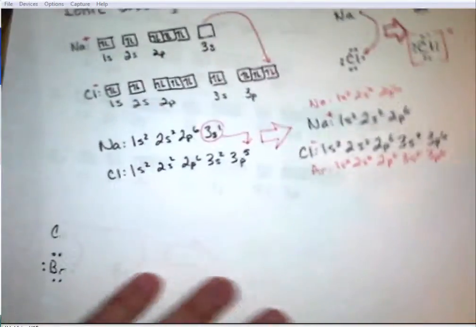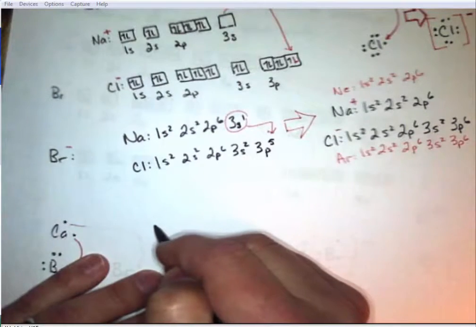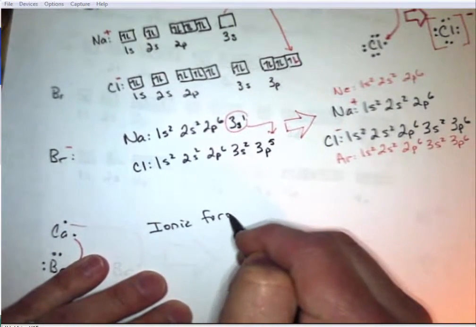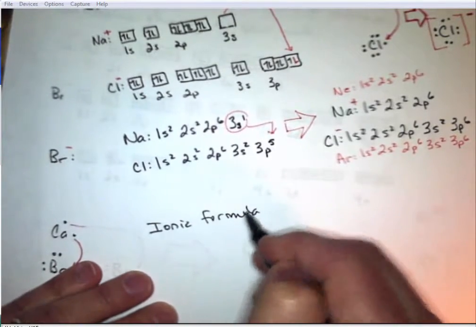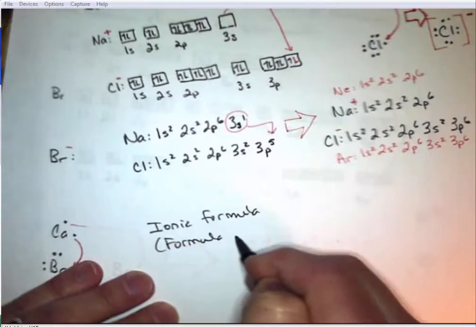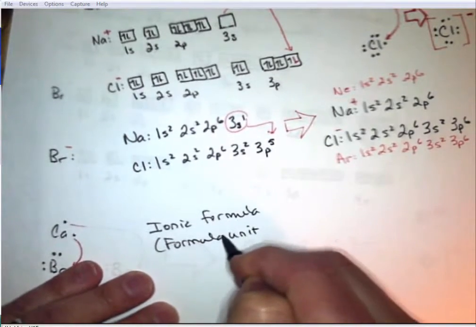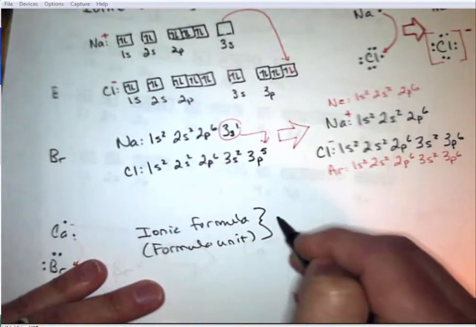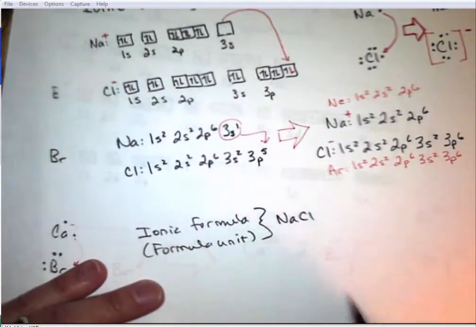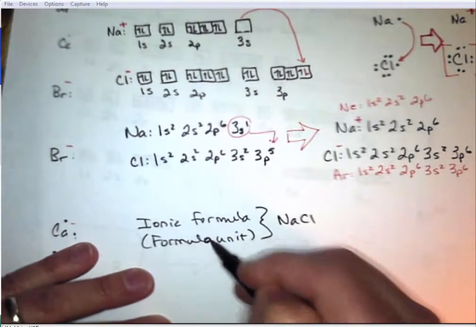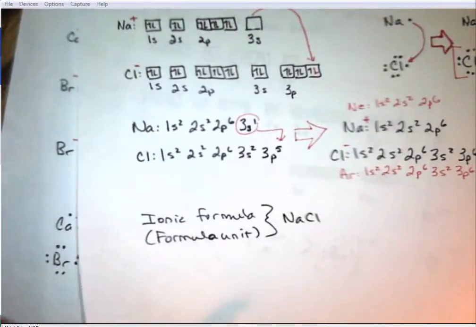So the ionic formula, also called the formula unit, for a combination of sodium and chlorine is just NaCl. We have 1 of each.